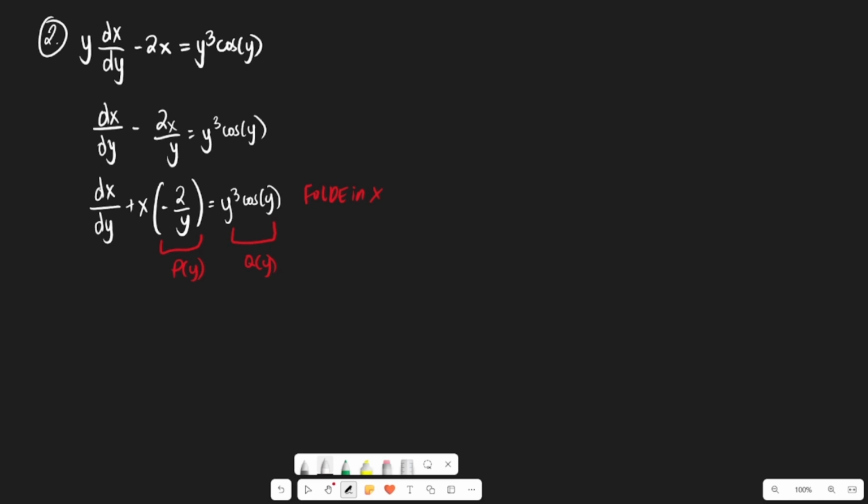Now the next thing that we have to do is find the general solution. To find the general solution, we have this formula. Since we have this standard form with y functions, we're going to start our general solution formula with a function of y as well.